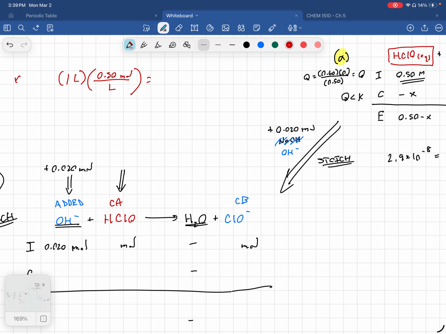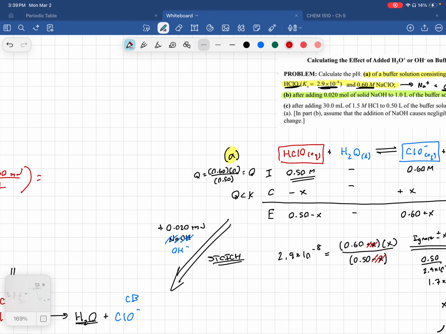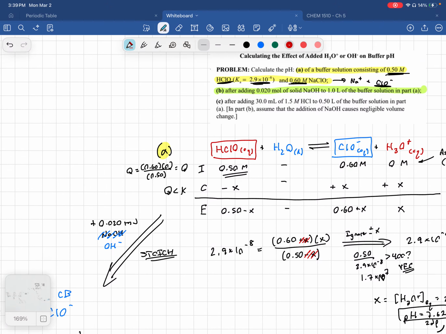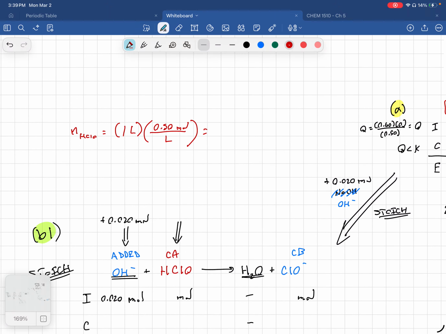So this is moles of HClO. So we have our 1 liter, because that's the volume of solution we're told we have. And we have 0.50 molar solution. And so that means we have 0.50 moles of HClO.